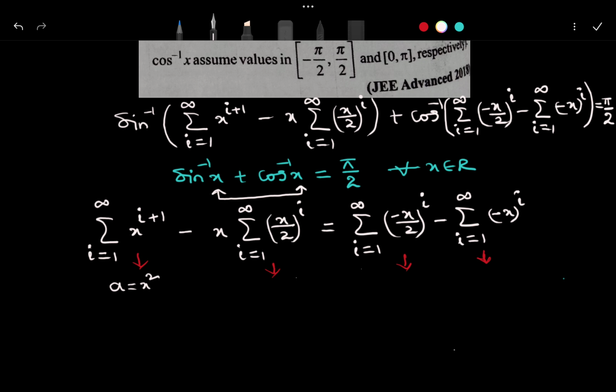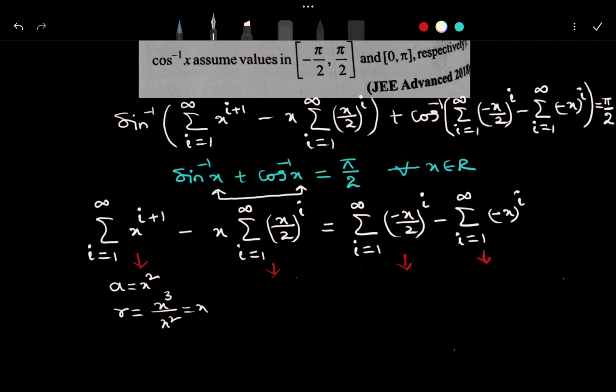The second term will be nothing but, putting i equal to 2, x cube. So the common ratio r is equal to the second term by the first term, that is x cube divided by x square, which is equal to x.